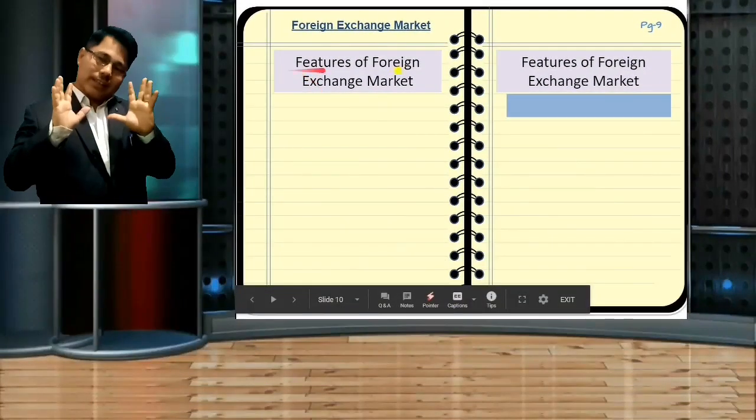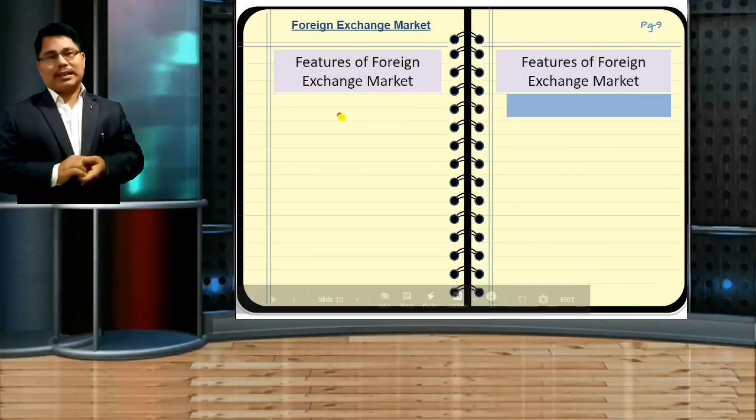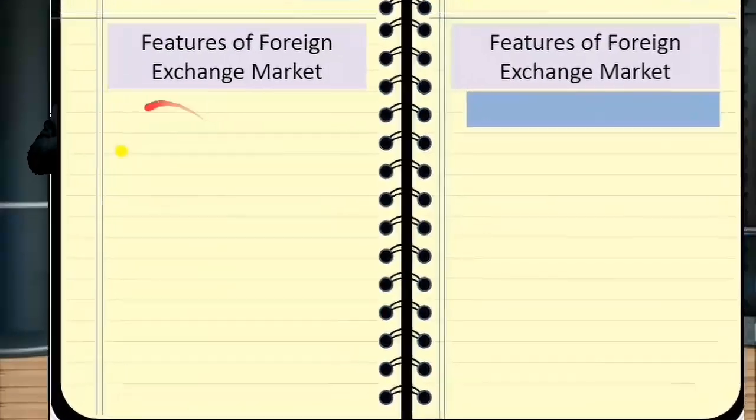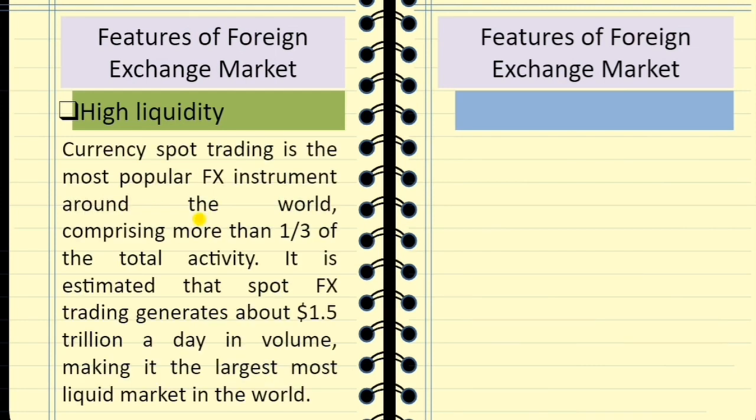Now let us discuss the main features of the foreign exchange market in detail. As we already said, high liquidity is one of the important features of the foreign exchange market. Currency spot trading is the most popular foreign exchange instrument around the world, comprising more than 1/3 of the total activity.